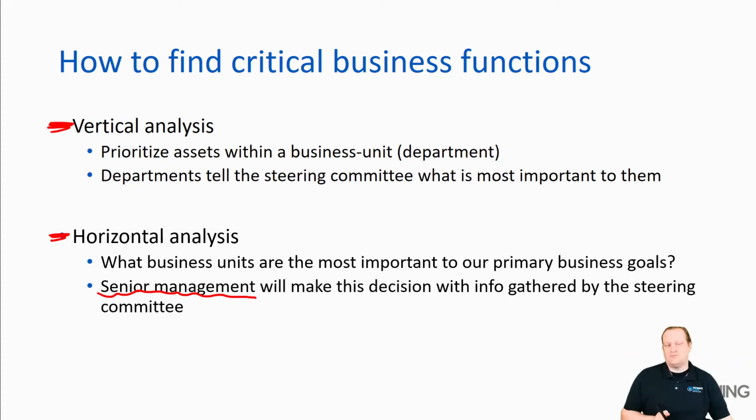Because what we're going to end up doing, and this may happen as part of a disaster recovery plan, is we might say, oh, the building burned down, cool. When we go to the alt site, we're going to support 4 out of the 6 departments. Well, what about the other 2? They're not going to get supported at the alt site because they're not viewed as critical to our goals.